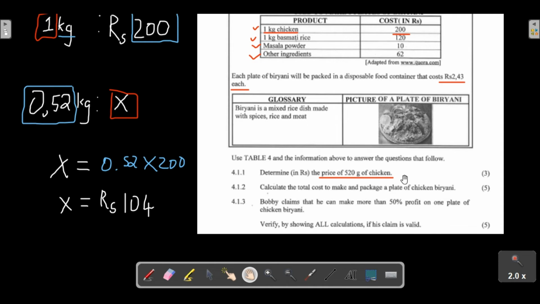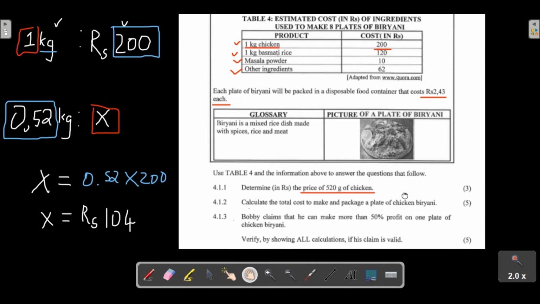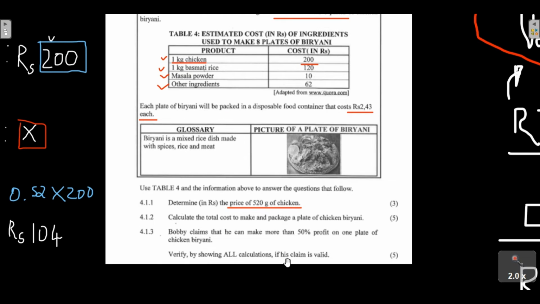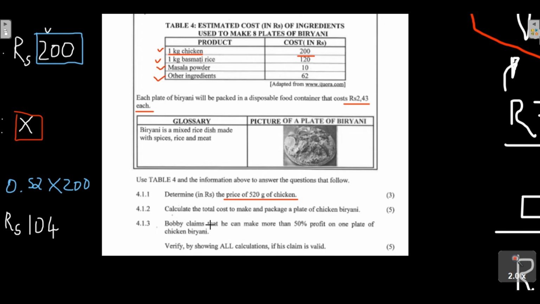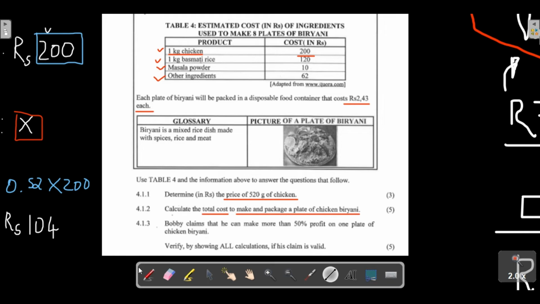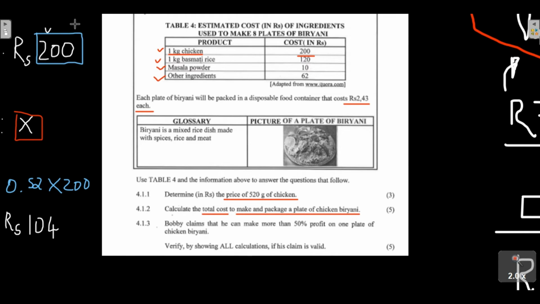Okay, so we move on to 4.1.2. 4.1.2 says calculate the total cost expense, same thing. Okay, so total expense or cost to make and package a plate of chicken biryani. Okay, so to make and package. So you need to pay attention to questions, guys, to words.